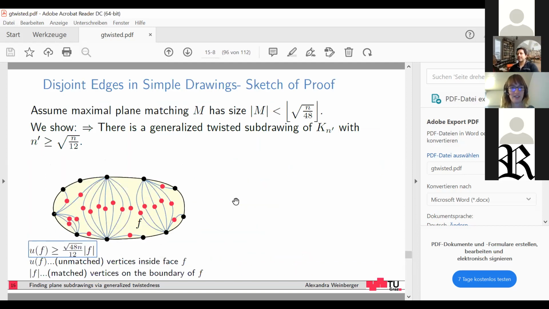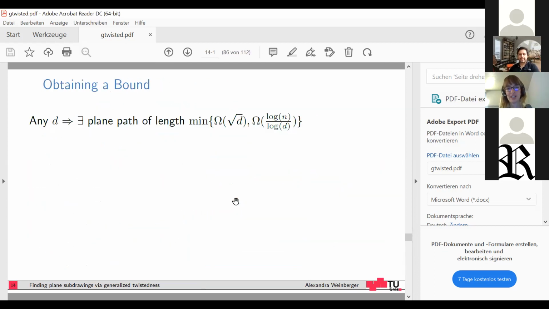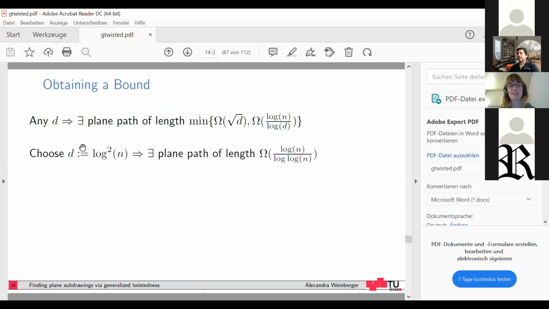There is a better solution for d if we really take the derivative. But asymptotically, being smarter with d wouldn't be the solution. We would need something other than the d-ary tree, my guess.